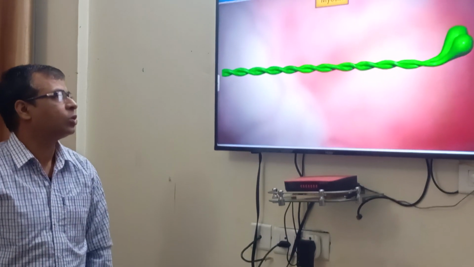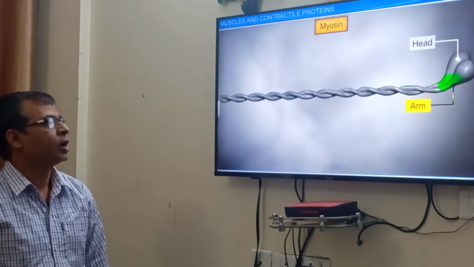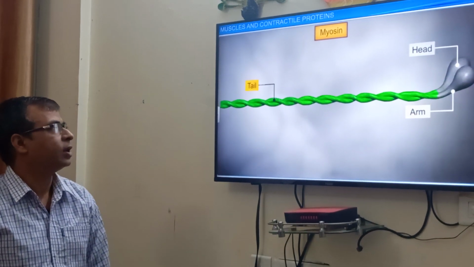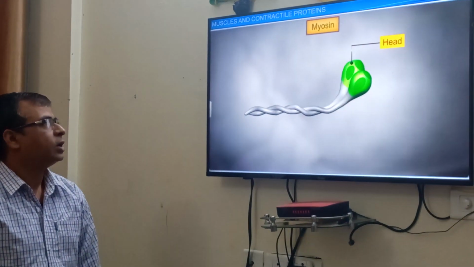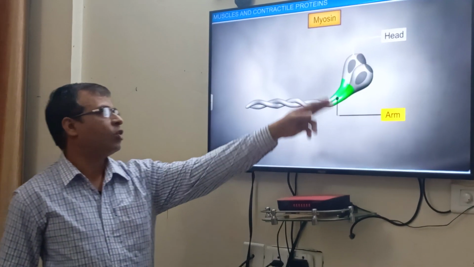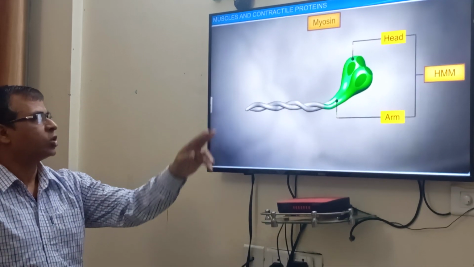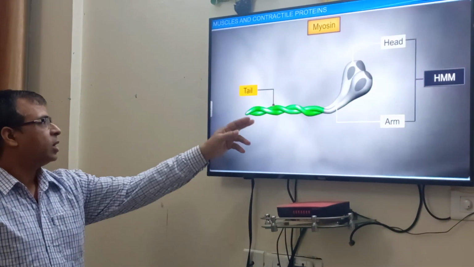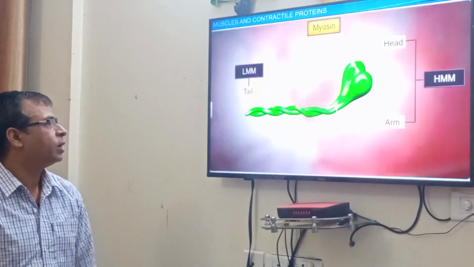You can see these are two parts mainly: a globular head with short arms, and a tail. This is the part of the myosin. The head and arm form the cross arm. This is the heavy meromyosin, and the tail is light meromyosin due to its lighter weight.